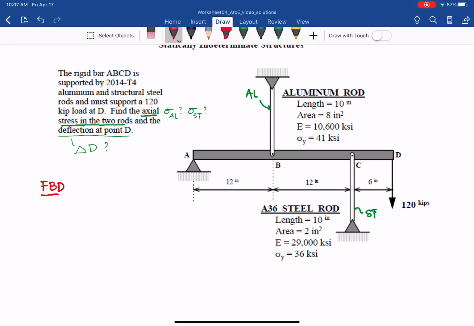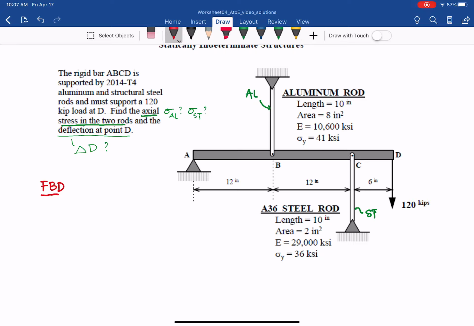And to be in equilibrium at point B here, the force that the aluminum rod applies on ABCD will be going up. See that there? It goes down on the aluminum rod to maintain that the aluminum rod is in tension, so that it will extend the length, and then the reaction from the aluminum rod on ABCD has to go up to cancel out. See that one there.